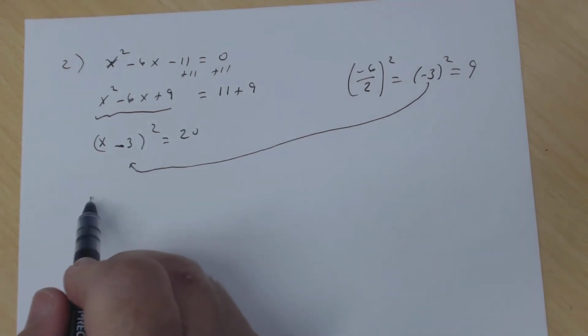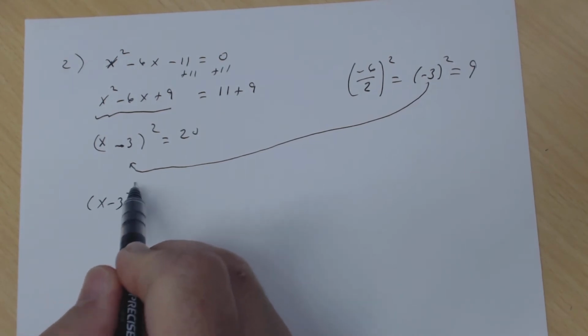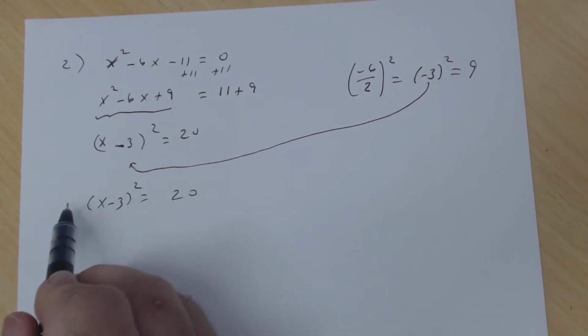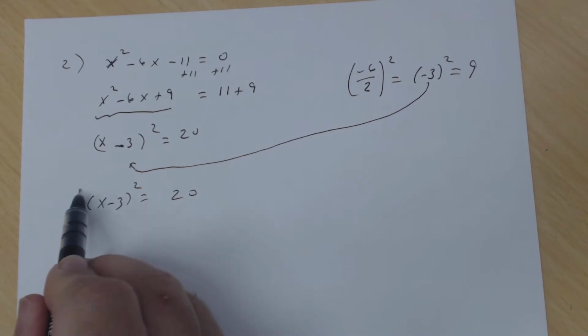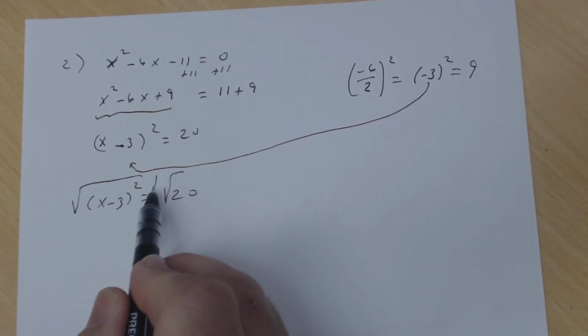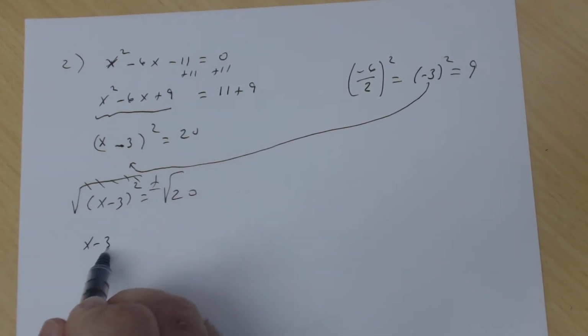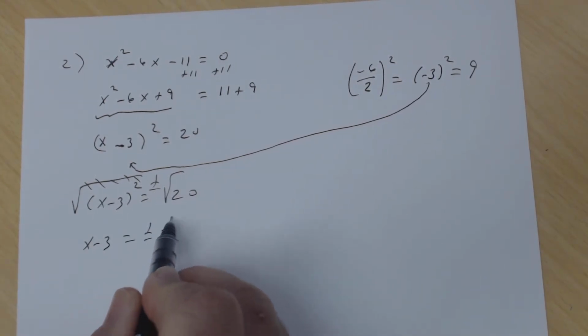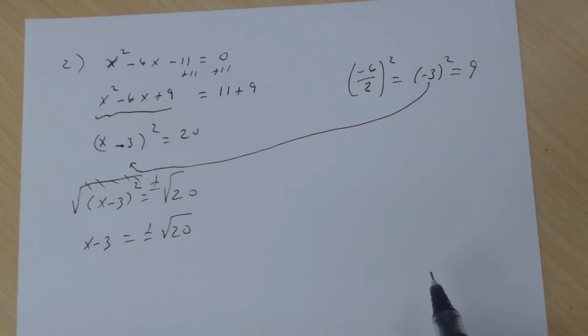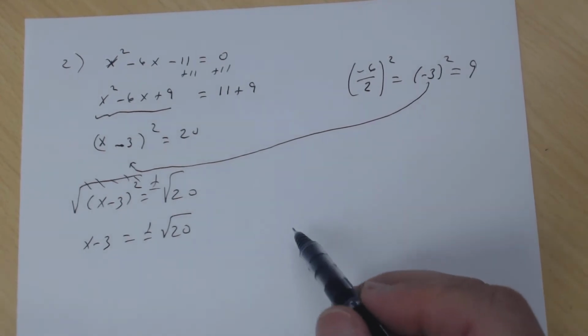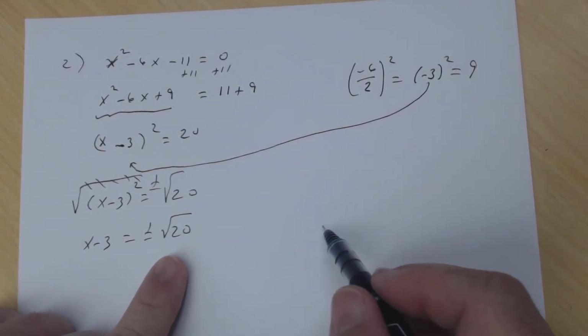All right, so now I'm going to rewrite this over. Now I'm going to take the square root of both sides and use the square root property, plus or minus. So the square and the square root undo each other. So I get x minus 3 equals plus or minus the square root of 20. And so I simplify the square root of 20.